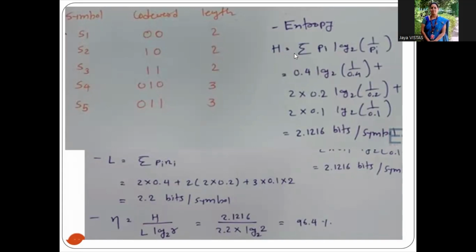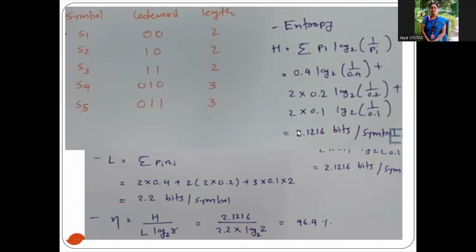The first symbol probability is 0.4, so log 1 by 0.4 to the base 2, plus S2 and S3 have the same probability 0.2, so 2 into 0.2 into log 1 by 0.2 to the base 2. Plus the last two symbols have the same probability 0.1, so 2 into 0.1 log 1 by 0.1 to the base 2.